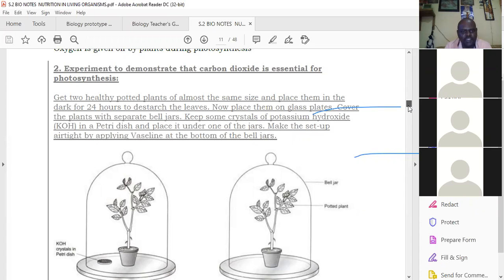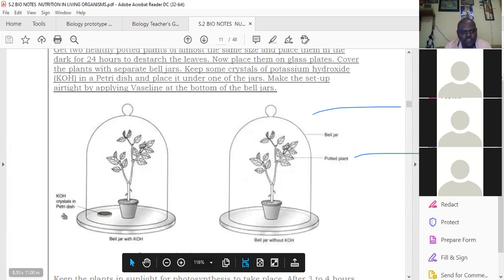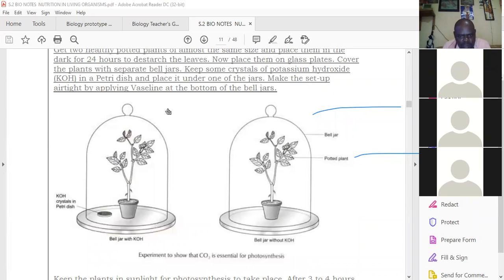We had seen the importance of each component, especially potassium hydroxide. We had seen the reason why we have these two plants and why we have to have two setups for that experiment. So we say the control experiment is a setup that is meant to ensure that we make a valid conclusion of the results we have obtained.